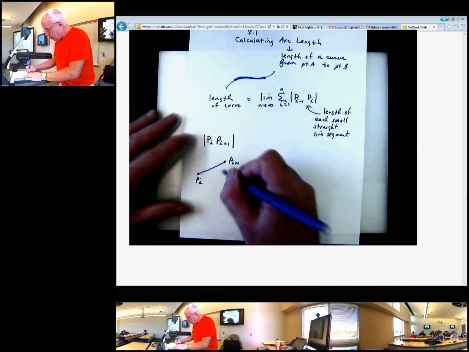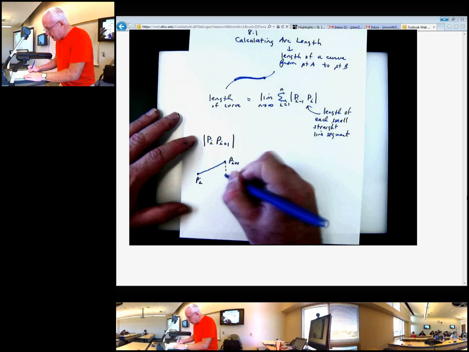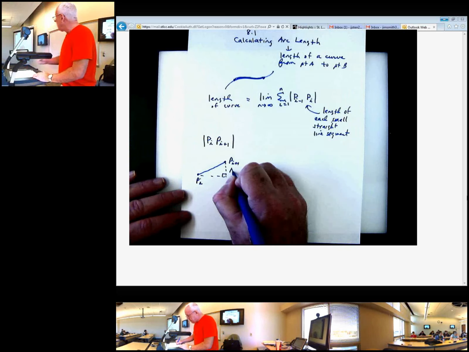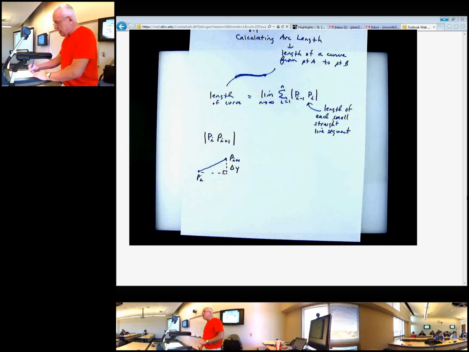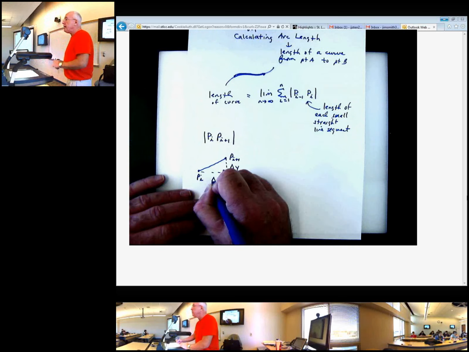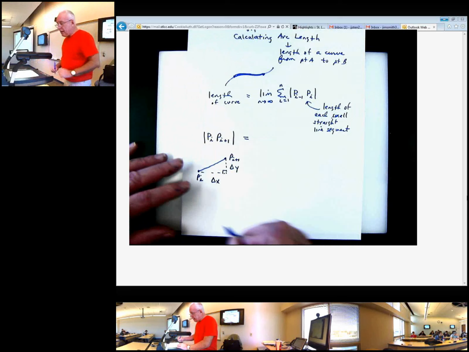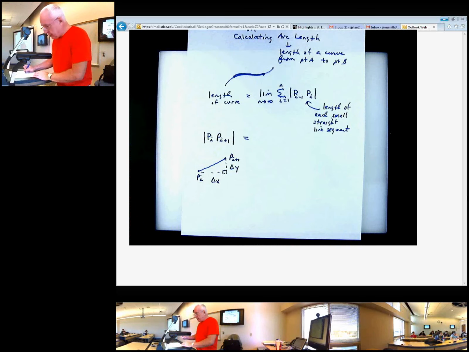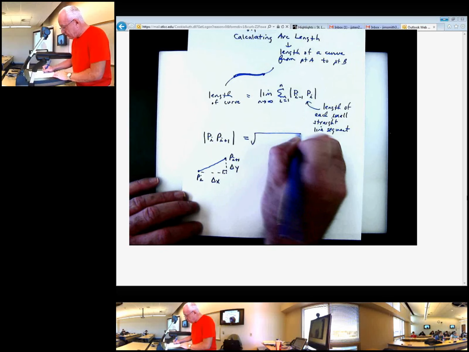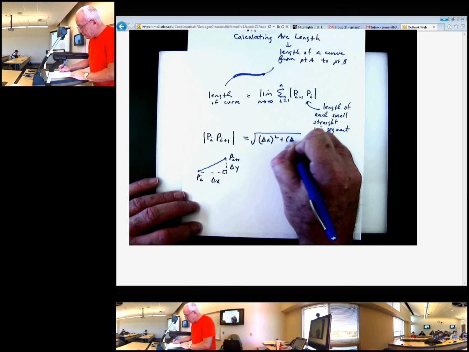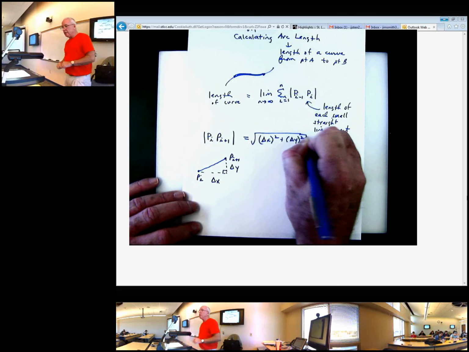I can create a nice right triangle here. One length is delta y, the change in y. The other is delta x, the change in x. So the hypotenuse is the square root of delta x squared plus delta y squared, using the Pythagorean theorem.